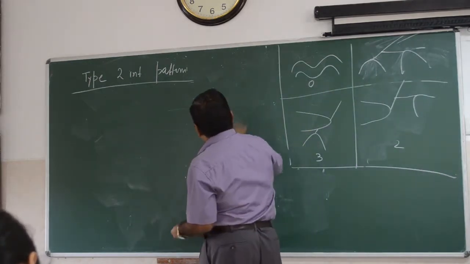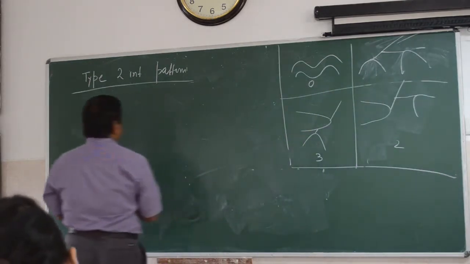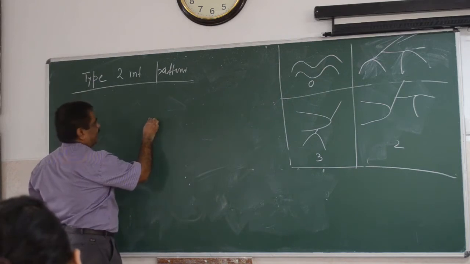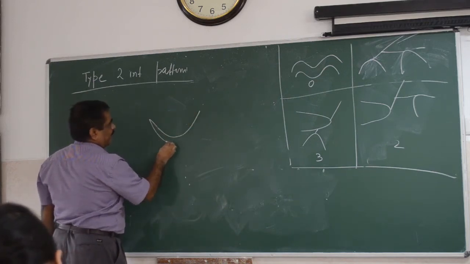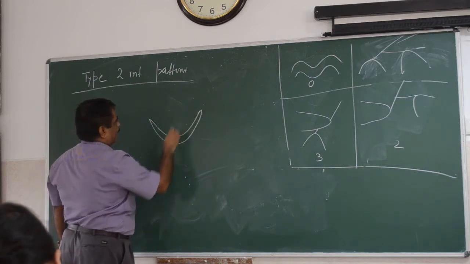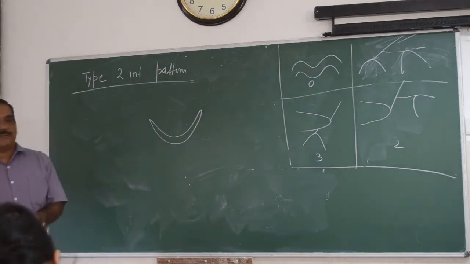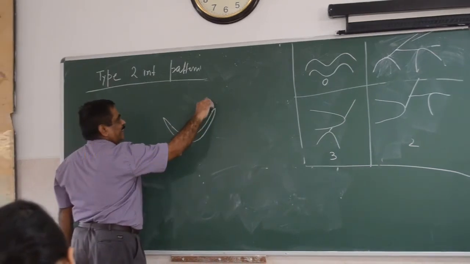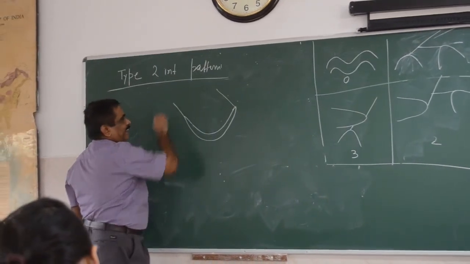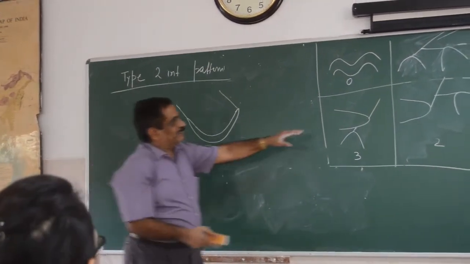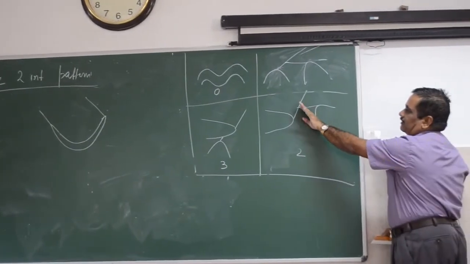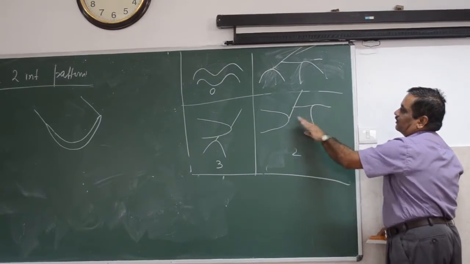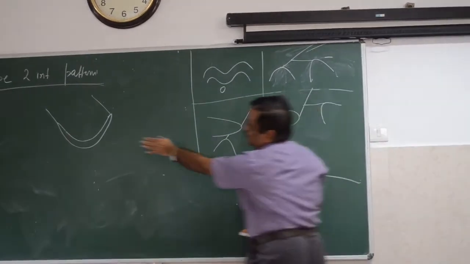So what it says, how I am describing? I am describing in this way. You see? Are you able to understand this diagram? Here it will be bent. I am looking from this side. So this view I am showing it here.